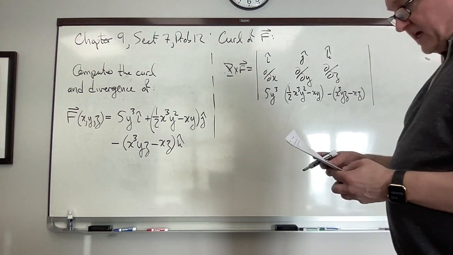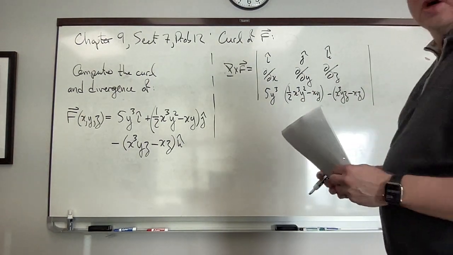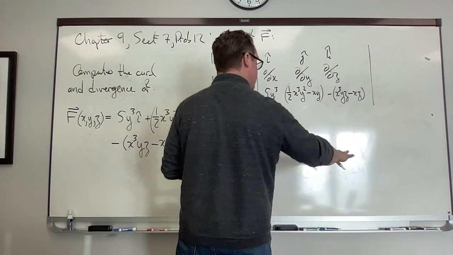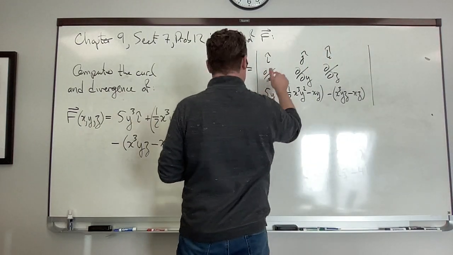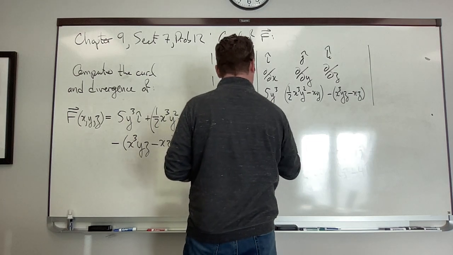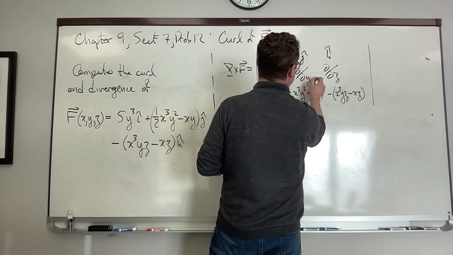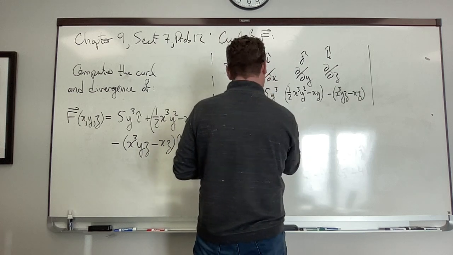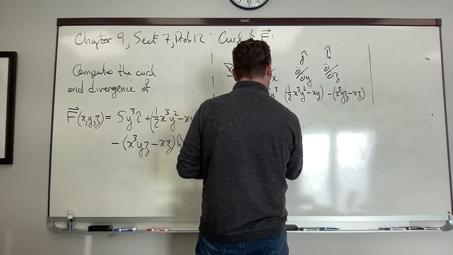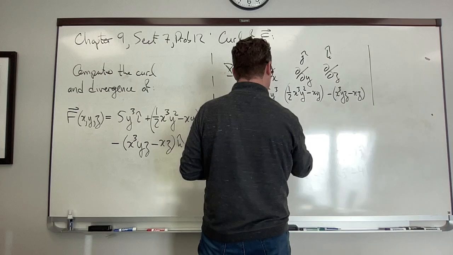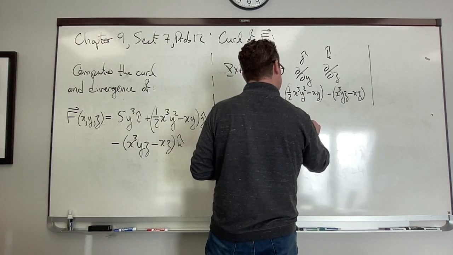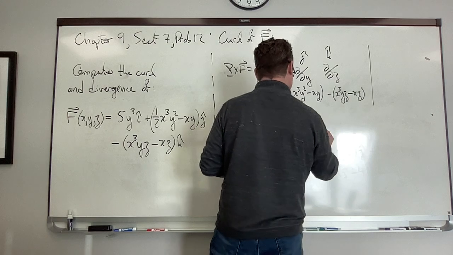Now we just formally execute the determinant. The first thing we do, this will take up most of the space here, is we take i, and then we take this and operate here, so we have minus ∂/∂y, the minus sign comes from this minus sign here, of (x cubed yz minus xz).